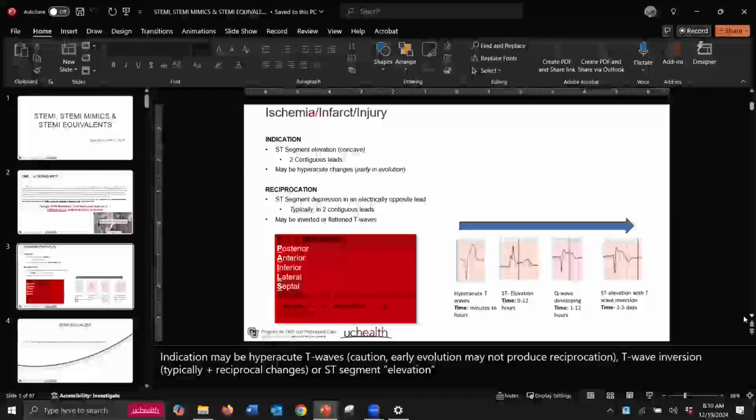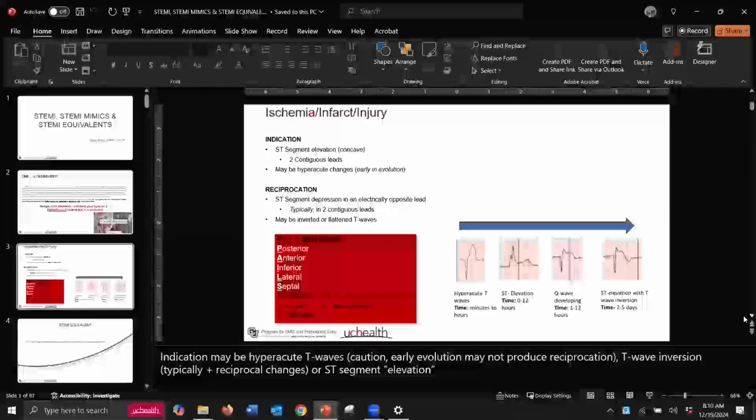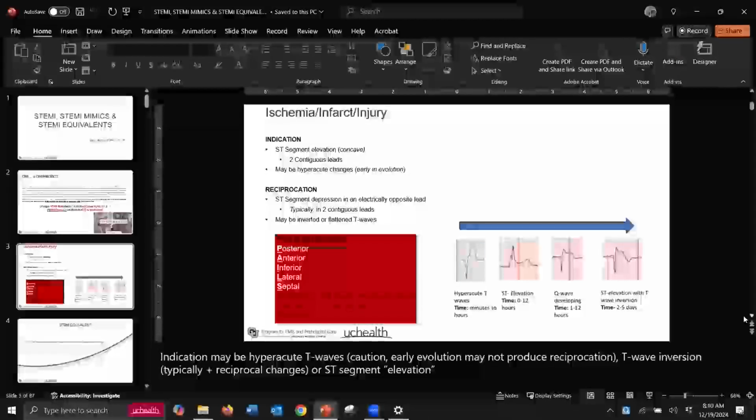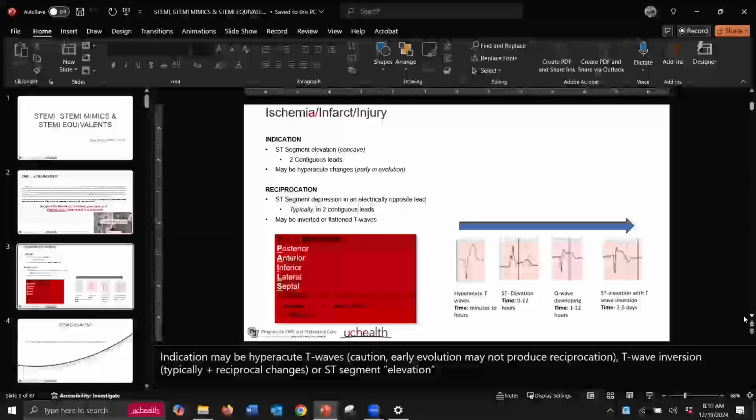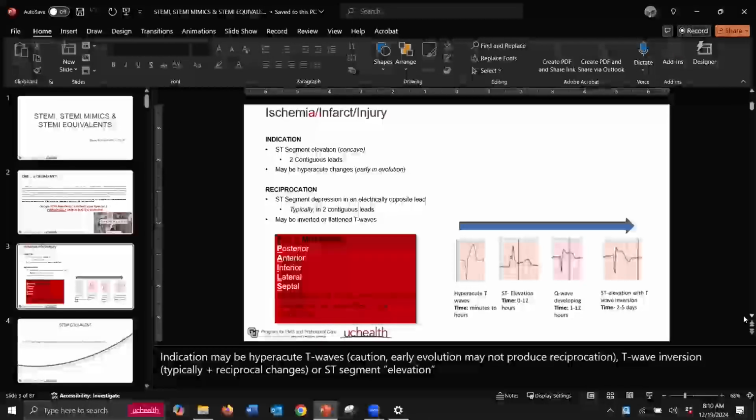So there's a mnemonic called the PALES mnemonic, because I always had difficulty memorizing: is that really a reciprocal lead to the ST elevation that I'm seeing? Basically the way that it works is elevation in the leads reciprocates changes in the next letter of the mnemonic.